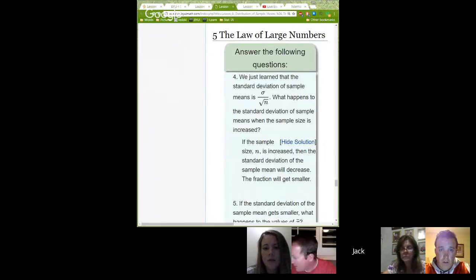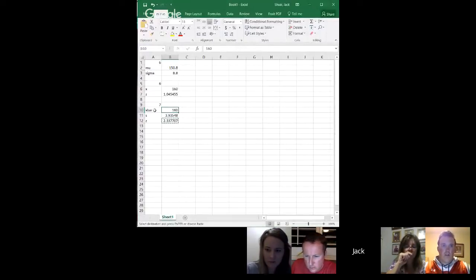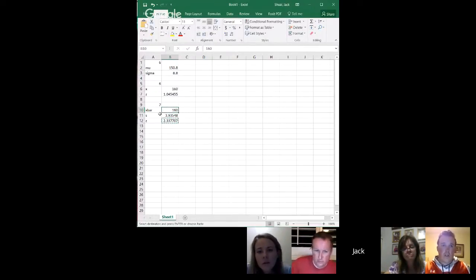So n is 5, right? Square root of 5. So the standard deviation is 3.935? Yep, exactly. So we have x-bar is 160. That's the average of those 5 numbers.